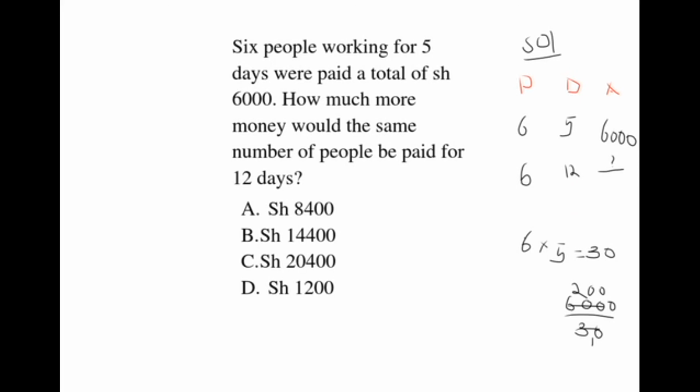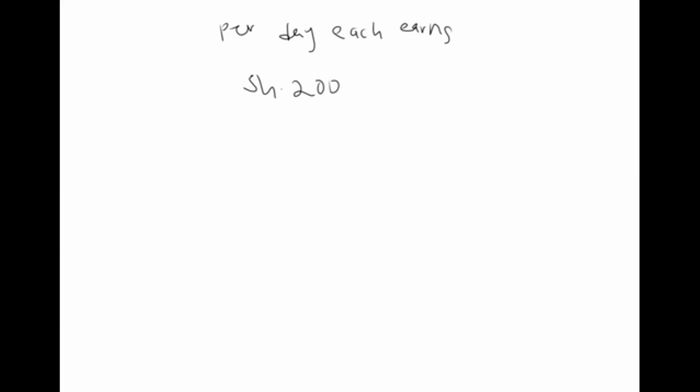So we take 200, which is the amount they are paid per day. We multiply by 12. We get 2,400.